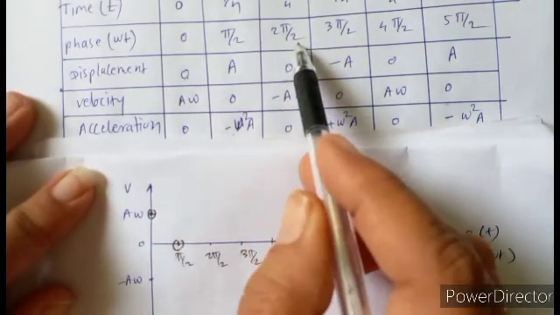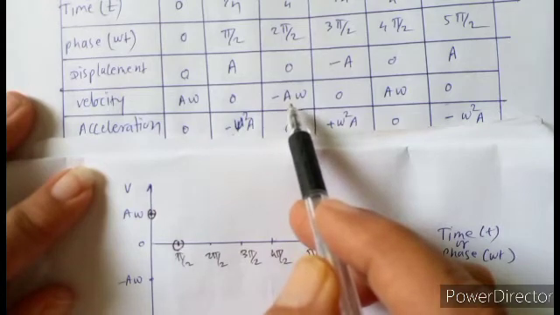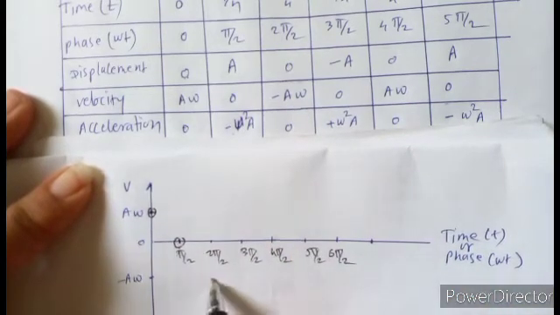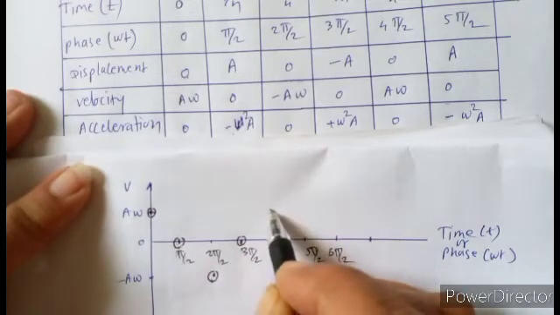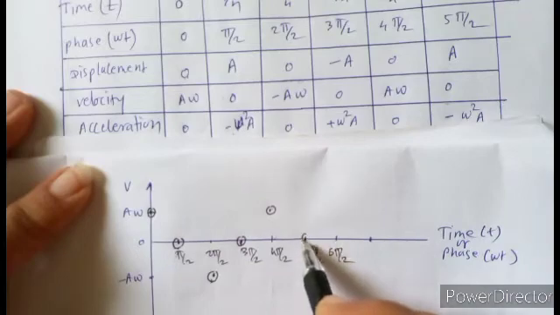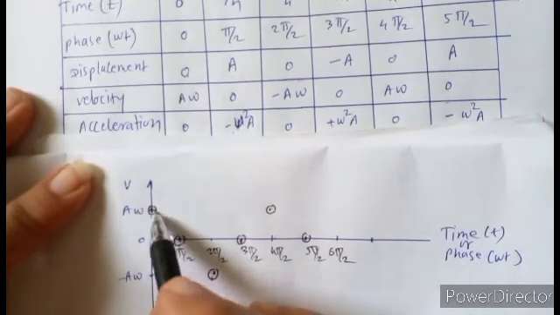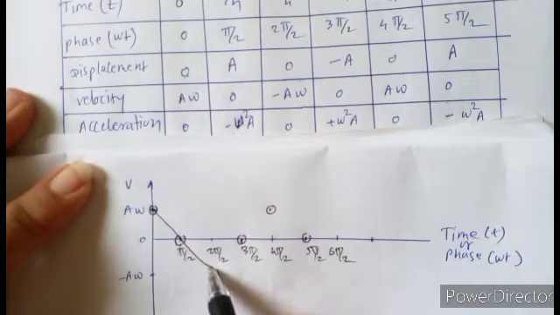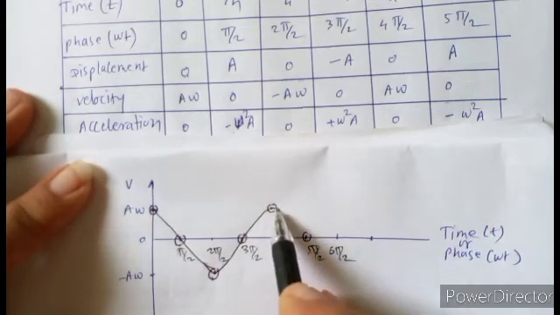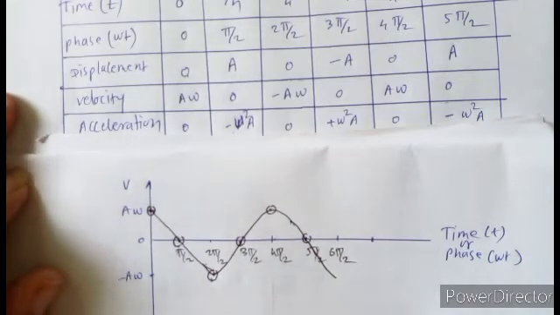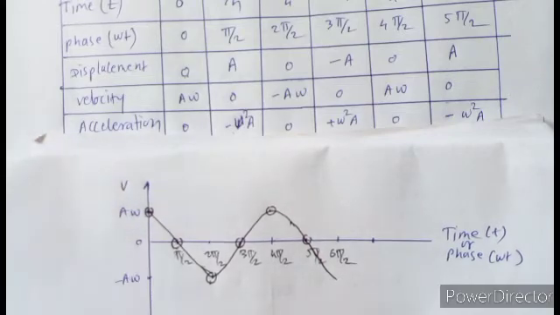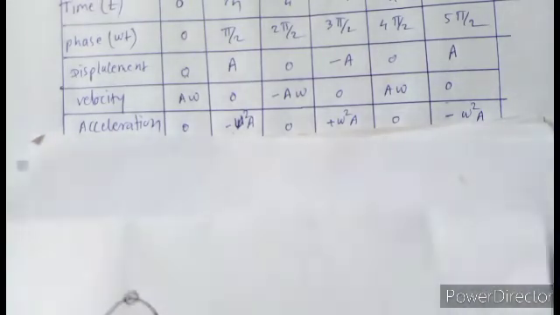When phase is 2 pi by 2, velocity is minus A omega. Afterward it is again 0, then again plus A omega, then 0, likewise. We draw it freehand again. This is the velocity time or velocity phase graph.